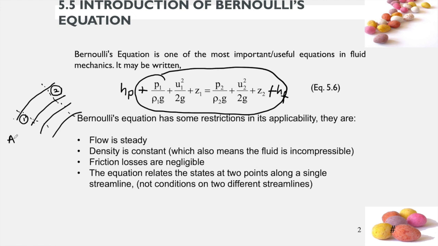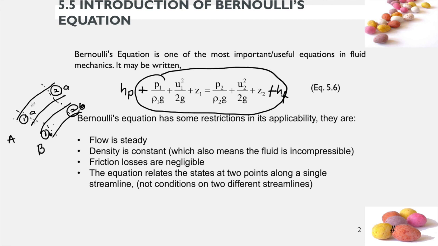Maybe this is pipe A and this is pipe B, and you are required to find the velocity at point 2. For example, this is 1A and 2A, and 1B and 2B. You want to find the velocity of the fluid at point 2B, so you must apply Bernoulli's equation.